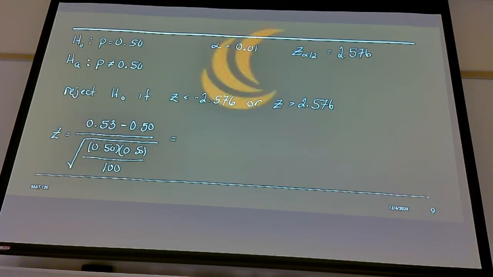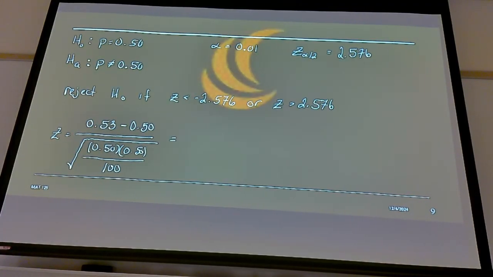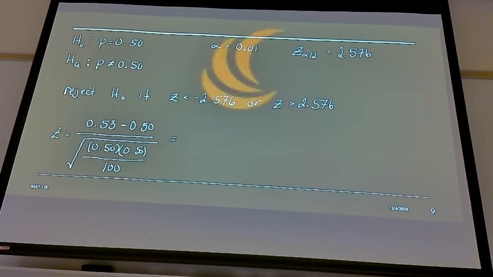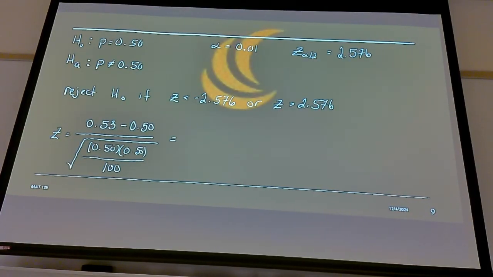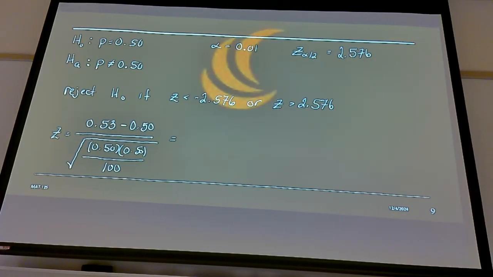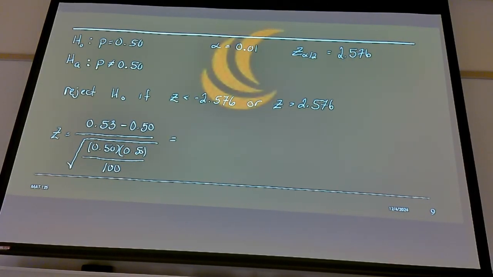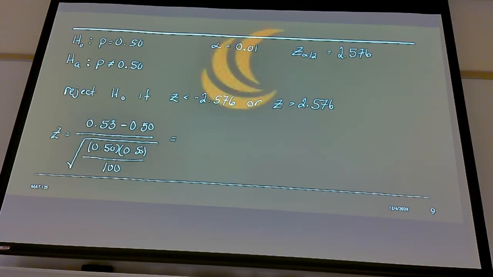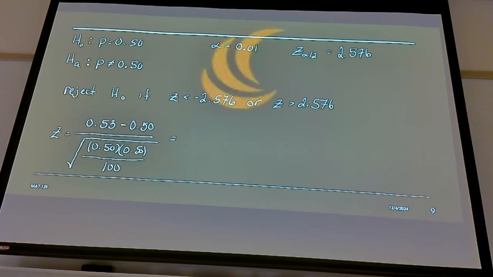Square root of that is 0.5. Square root of 100 is 10. And that is 0.03 over 0.05, which is 0.6. See if I did my mental math right.